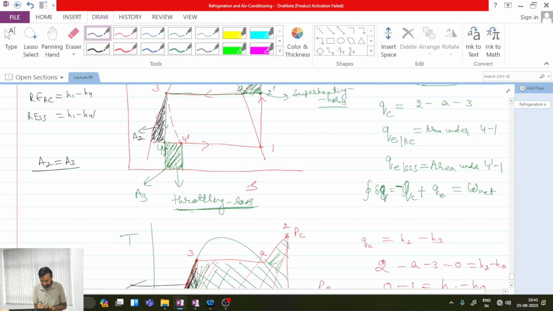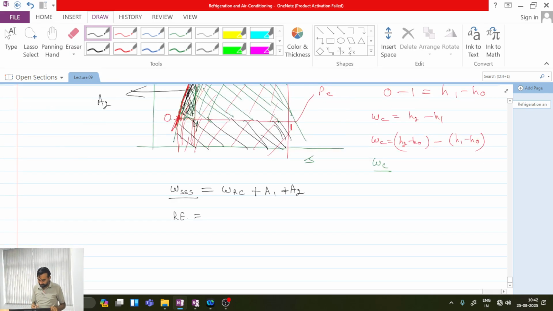So it means that in triple S cycle, I can say refrigeration effect of reverse Carnot minus A3, throttling loss, and A3 I have already written as equal to A2. So I can replace it with A2. So it means that my refrigeration effect of triple S cycle will be nothing but refrigeration effect of reverse Carnot minus A2.